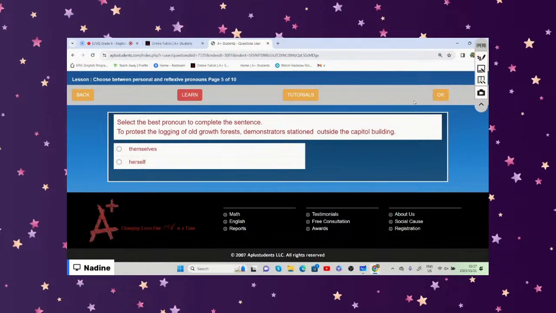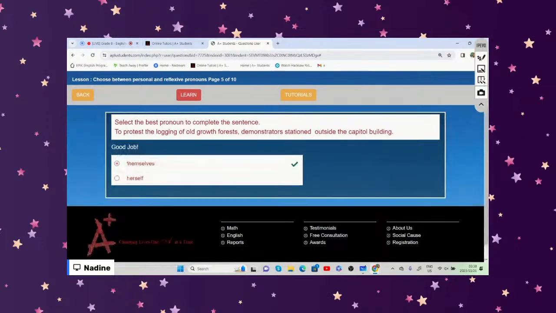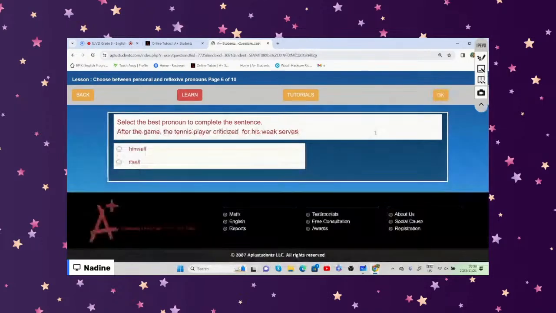So we can then say demonstrators stationed themselves outside the Capitol building, because the demonstrators can be referred to as they. They stationed themselves outside the Capitol building. And themselves is correct.